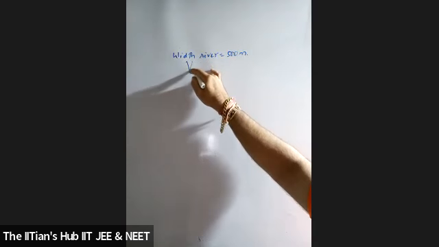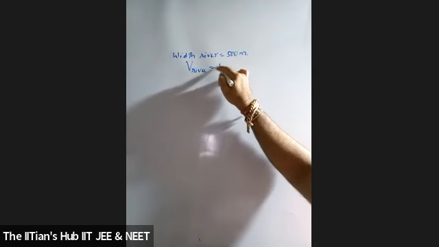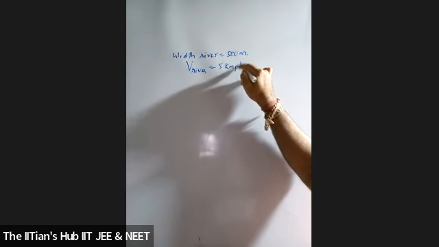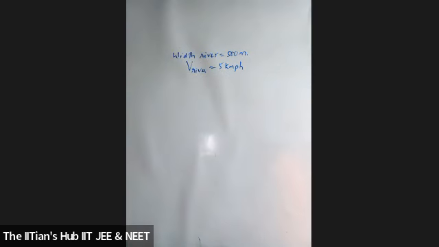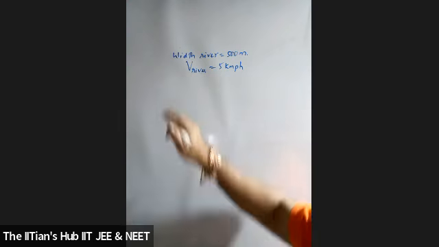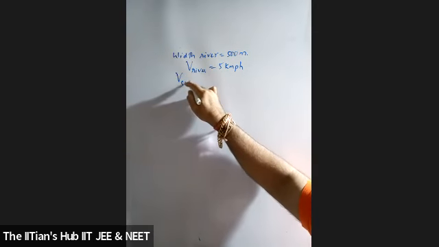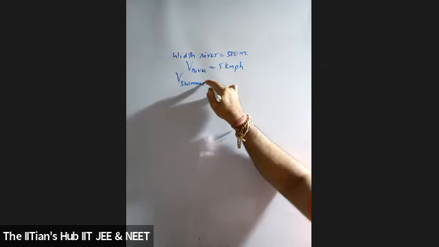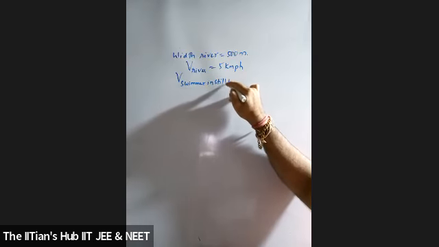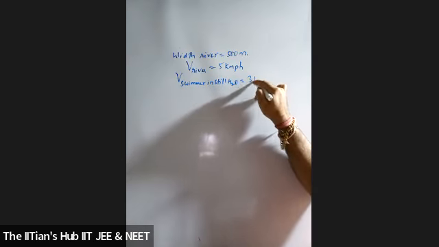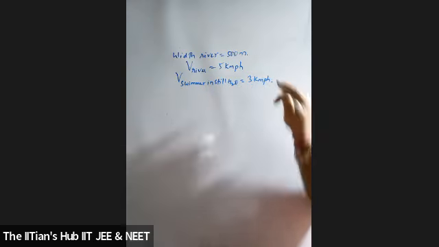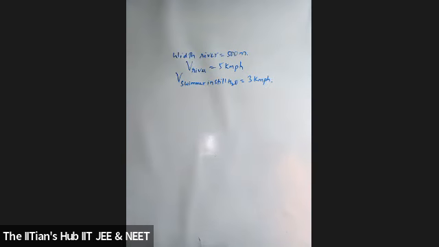Okay, and the river is flowing at 5 kmph. Now, the speed of the swimmer in still water is 3 kmph, 3 kilometers per hour, students.